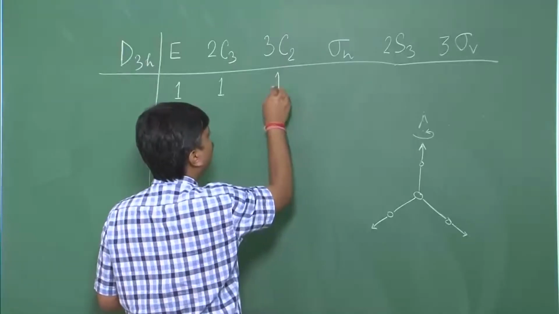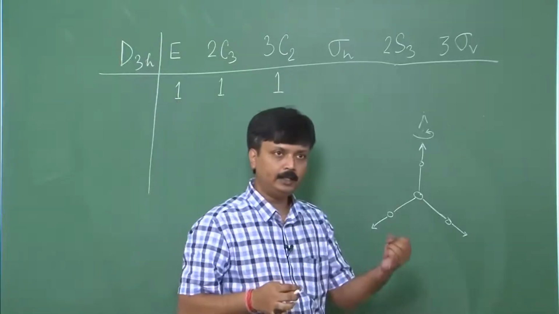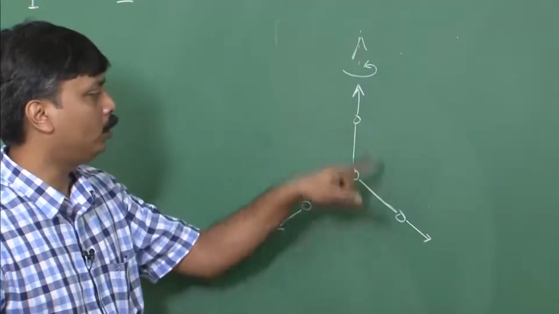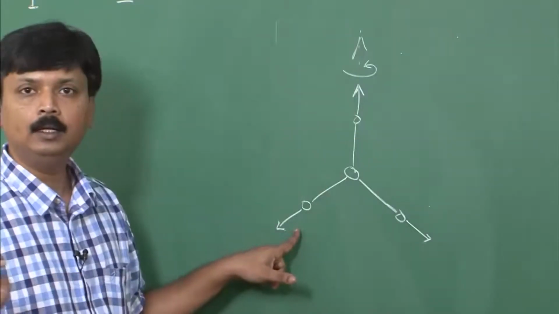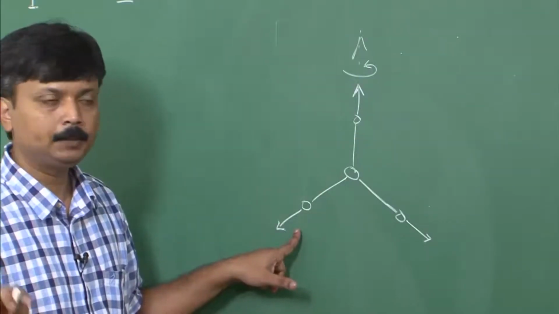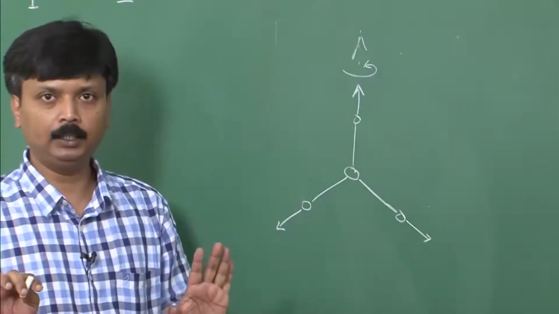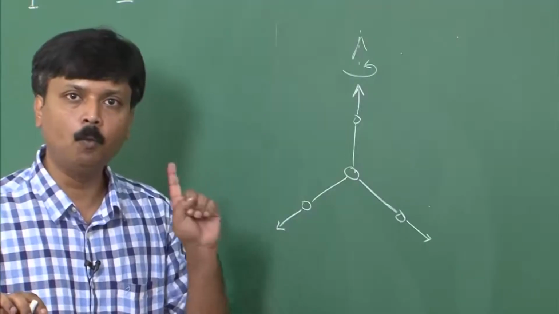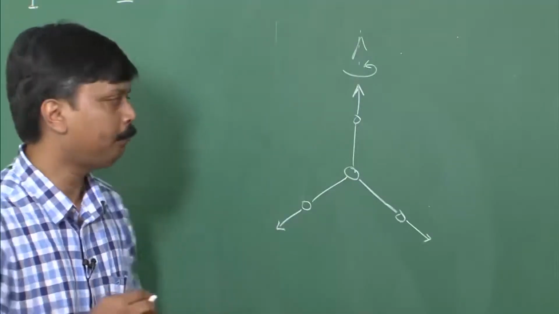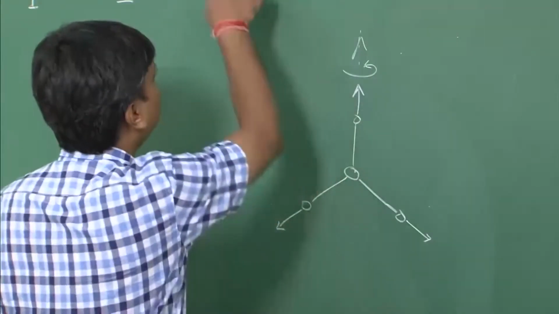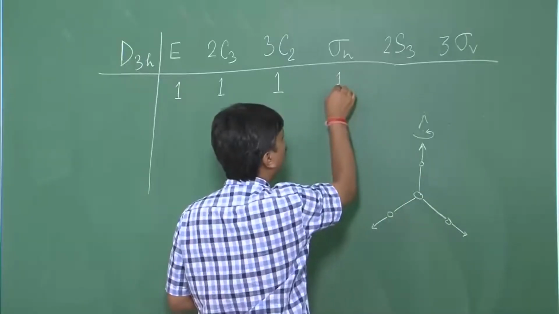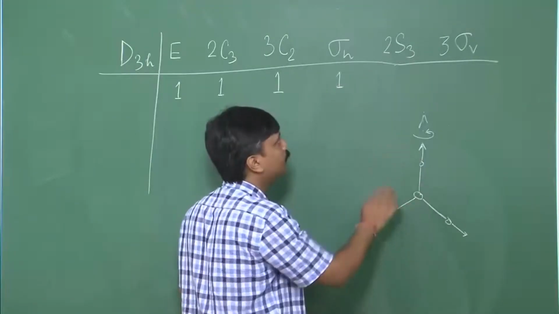And while I am writing these characters, I am reiterating that here I am not taking these 3 as separate 3 basis vectors, but as a whole this is my structure, and it is as if acting as one basis function, all right. So similarly sigma h also will give me 1 because there will be no change.